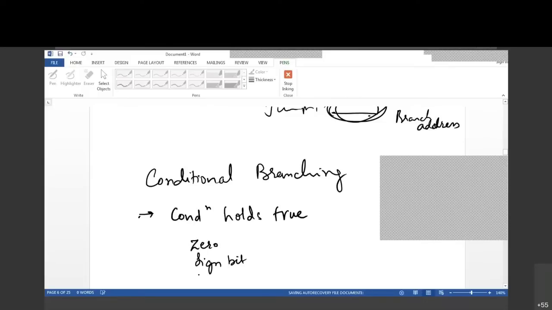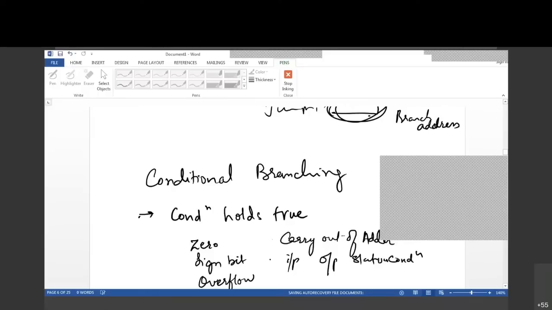Depending upon the sign, you need to carry out some instruction. So you have sign bit flag, you have overflow flag, then carry out of adder. Depending upon these, you also have input output status conditions. These are the different conditions which can be checked. ये हम आगे पढ़ेंगे, ये mode bits क्या है, ठीक है?